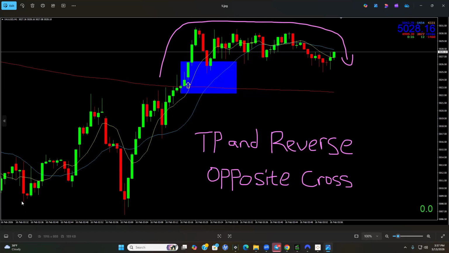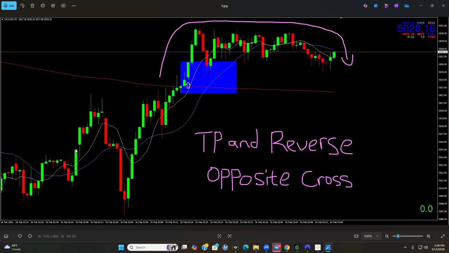This is the relative low. This is the one that would have been taken out. If you drew a line here, this is the one that took it out, which so happens to have been my pay packet entry. So this was the candle that completed the mana setup, taking out that 1 and 2.